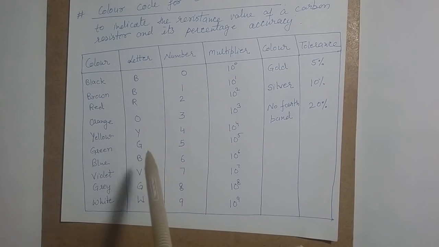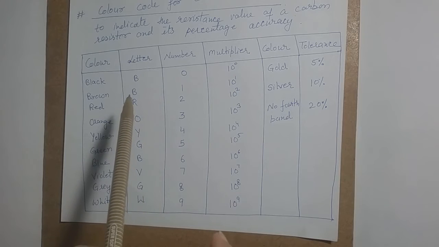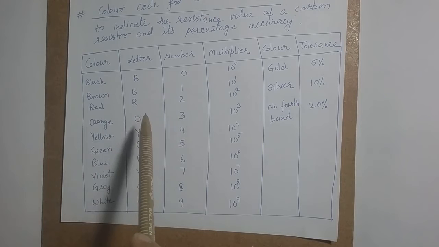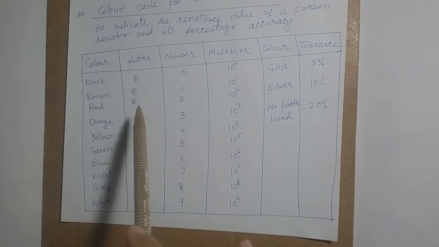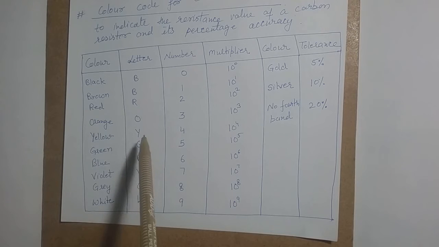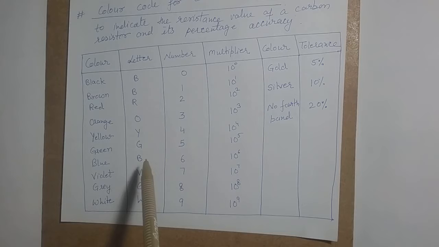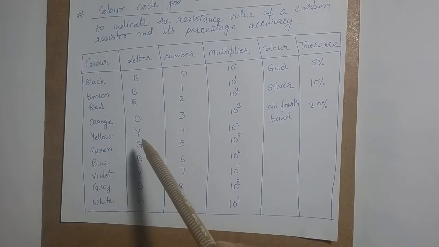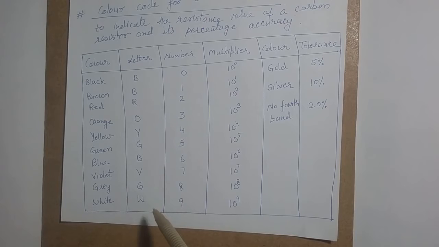Now how to remember this color coding scheme? There is a very good method. There is a phrase, that is B.B. Roy of Great Britain had a very good wife.